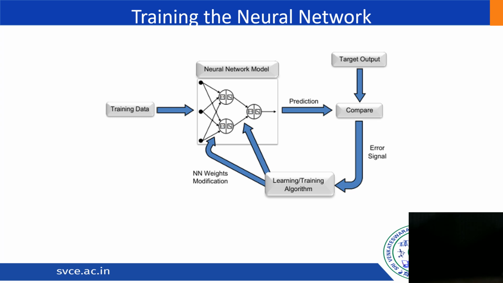Here the target output is our correct answer. So we tell the network what is wrong, and the network adjusts itself to do better the next time, through the learning algorithm. Think of it like playing a game. At first, you might not know the rules, but the more you play and learn from your mistakes, the better you get at the game. That's how a neural network learns.